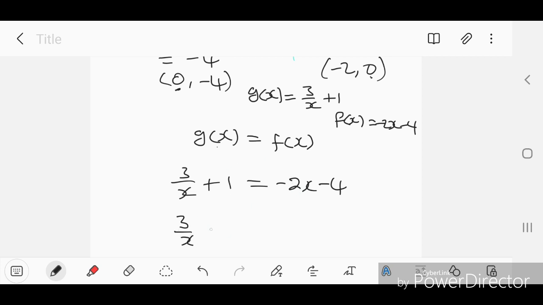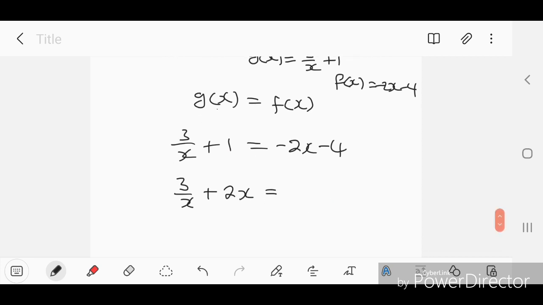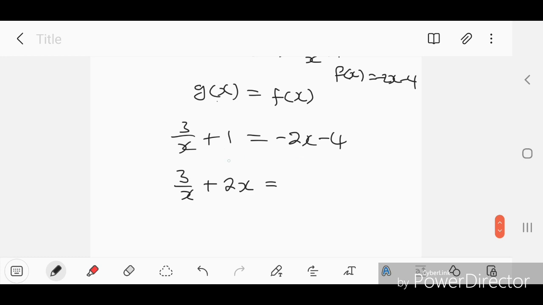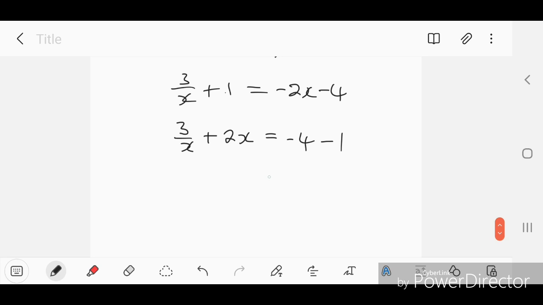This comes to the other side, it's going to be plus 2x equals to the 1 comes to the other side. Remember, I have minus 4 already in here. The 1 comes that side is minus 1. So this becomes minus 5. Minus 5, then 3 over x plus 2x.